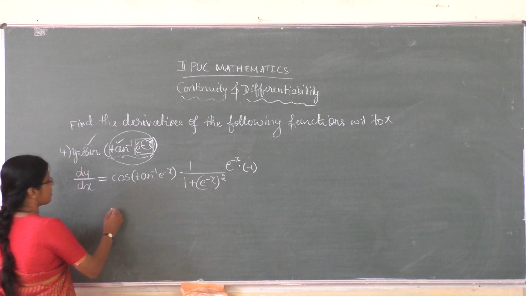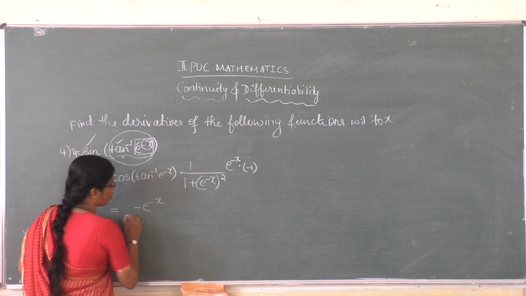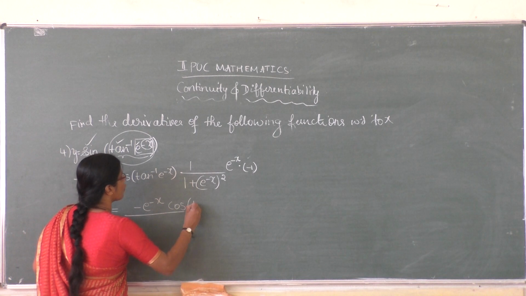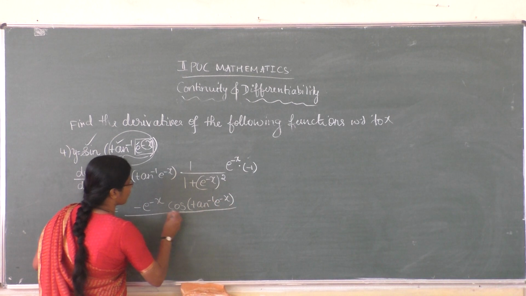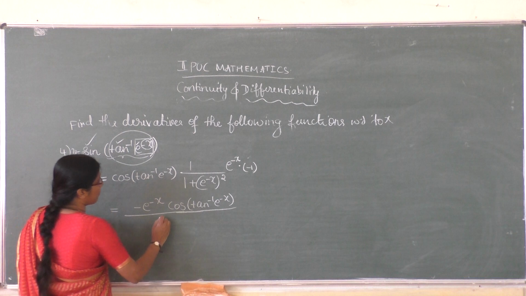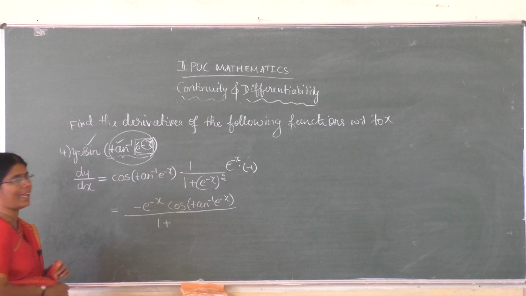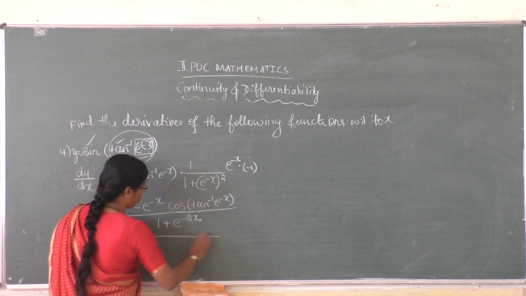So this is about the derivative. So you got here minus e to the power minus x into cos of tan inverse of e to the power minus x, divided by 1 plus here e to the power minus x whole square, that can be taken as e to the power minus 2x.